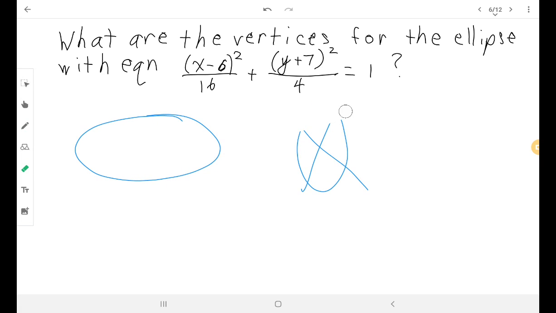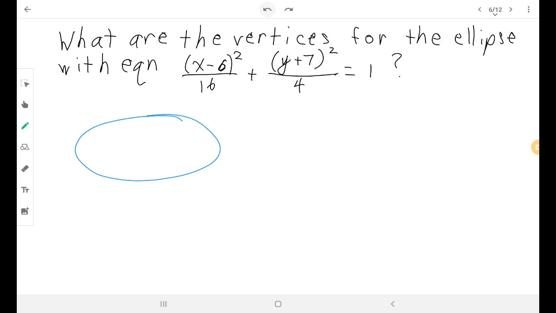The bigger number is under the x, so this is wide rather than being tall. That is, the longer axis, what we call the major axis, travels in the x direction.